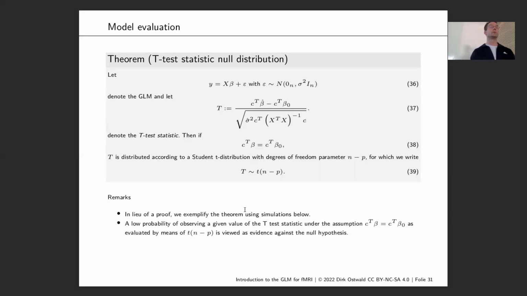So if you want to know about what hypothesis testing is, again, first semester psychology, the outcome of a test is always a rejection of the null hypothesis, or not a rejection of the null hypothesis. So you have a lot of data, fMRI data, whatever, and in the end you end up with a yes or no. And that's a little bit too simple for life, but nevertheless it's sometimes what people want.